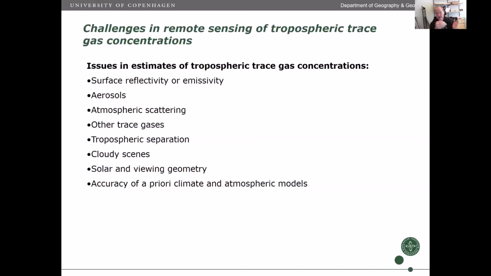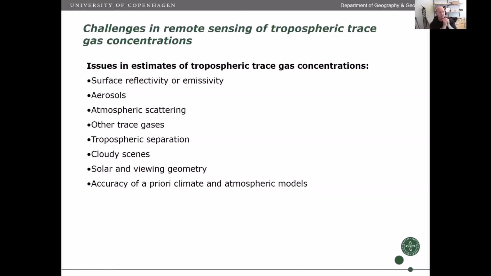Clouds can, of course, also interfere with our measurements. We need to remove all cloudy scenes. And then if the incoming radiation is coming from the sun like this, and the satellite is up here, and the reflected is going this way, then we have a completely different length of the path within the atmosphere compared to if the sun is here and the satellite is here.